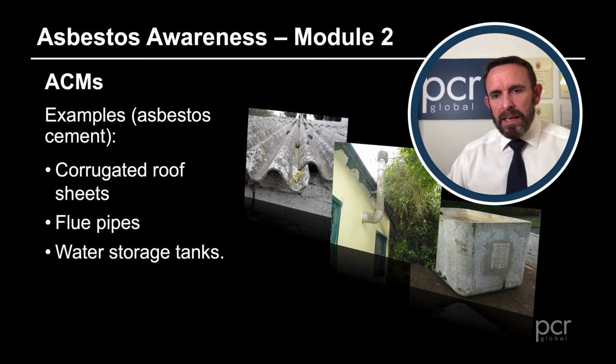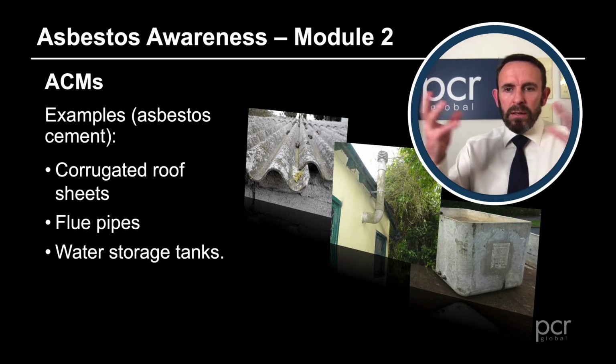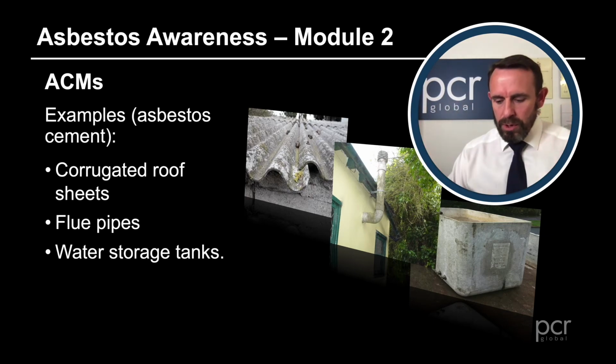If something is highly friable, then it has the potential to be pushed out into the air to be respirable. But if it's non-friable, like asbestos corrugated roof sheets, there's a lot less chance of the roof sheets dispersing asbestos fibres into the air.